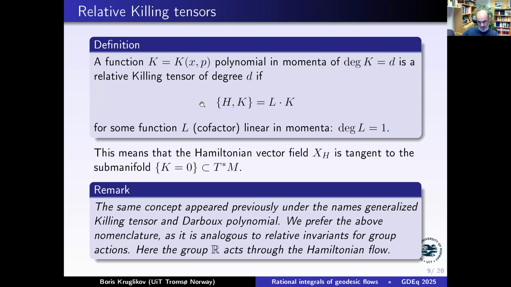Namely, here the group R is just the Hamiltonian flow. Its action on our manifold, on the cotangent bundle, is through the Hamiltonian flow. And then it precisely becomes the standard definition of a relative invariant. Okay, so that's the definition of a relative Killing tensor.